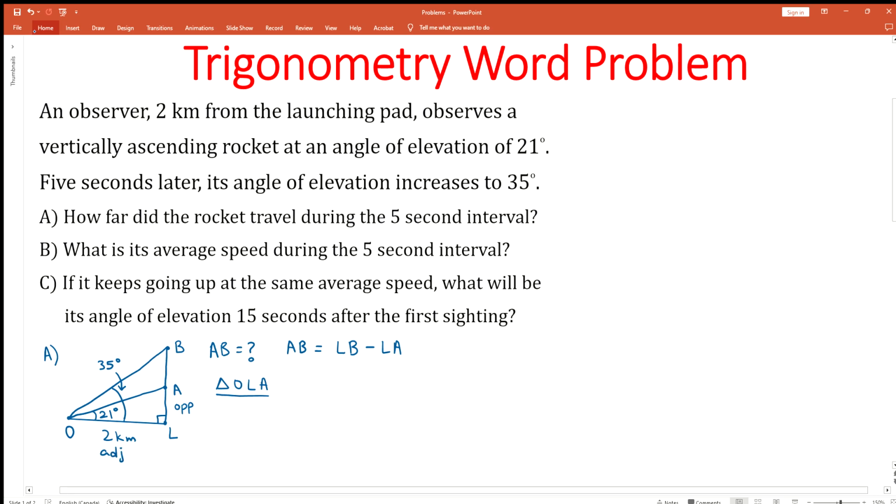So we can use the tan ratio to find the length of side LA. The formula for tan ratio is opposite over adjacent. The length of the adjacent side is 2 kilometers. We can isolate LA in this equation by cross multiplying 2 to the left side of the equation.